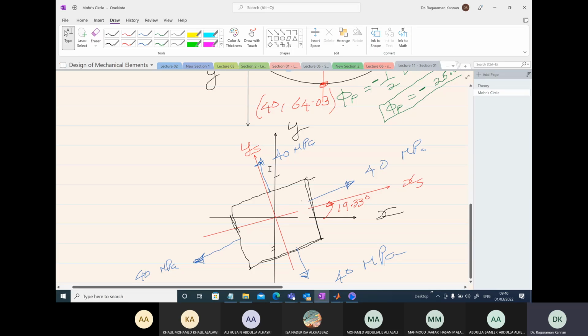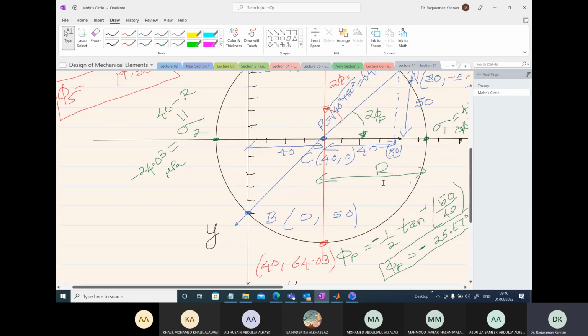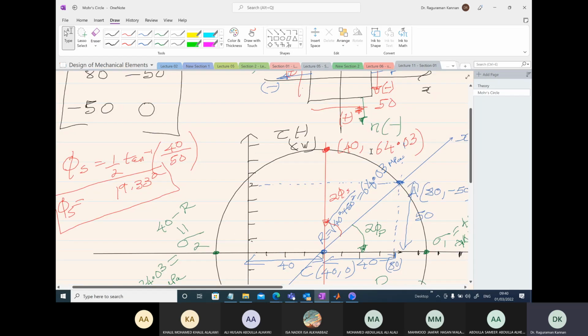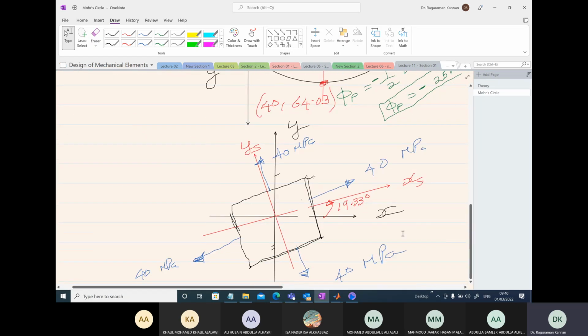What is the shear stress value? Here, in the direction of xs, we have clockwise rotation of the shear stress. So in the direction of xs, I'm going to represent my shear stress with clockwise rotation.